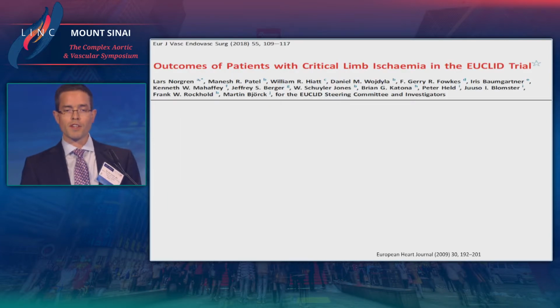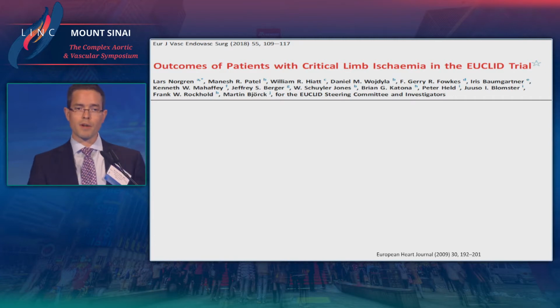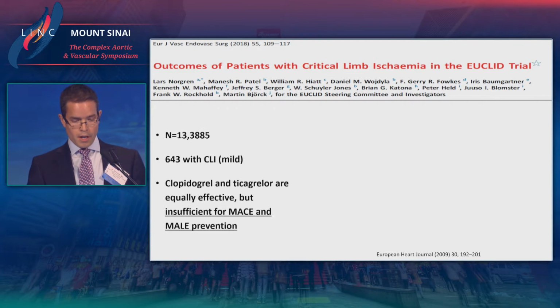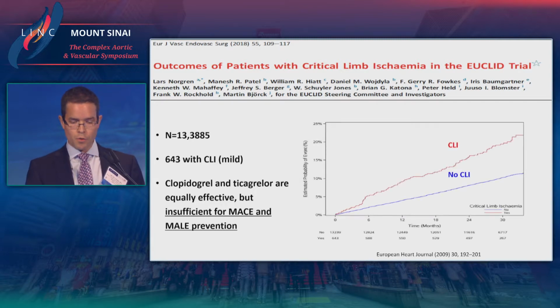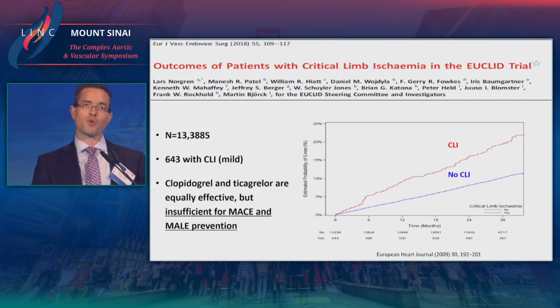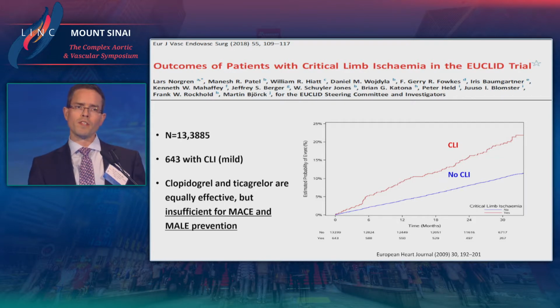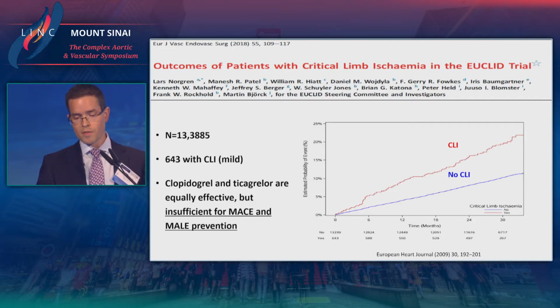EUCLID was a randomized controlled trial. It was a negative trial that compared head-to-head clopidogrel versus ticagrelor. Big failure, but it did include about 640 patients with CLI, generally mild CLI, Rutherford class 4, and while there was no difference between clopidogrel and ticagrelor in terms of the event rates, both limb and cardiovascular event rates, I think that the take-home message of this sub-study of CLI patients in EUCLID is that the outcomes, again, in CLI versus non-CLI were pretty bad.